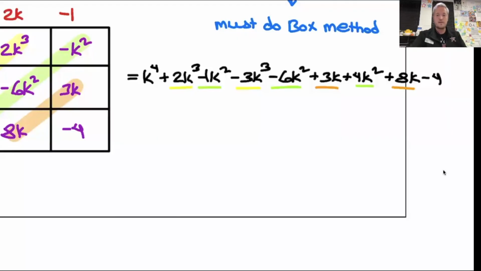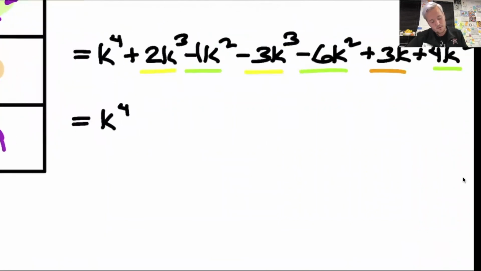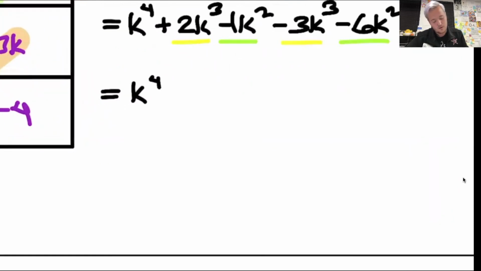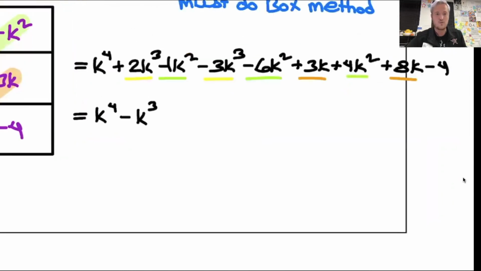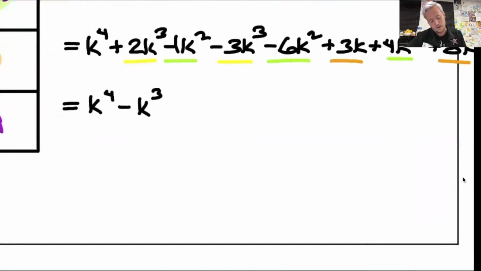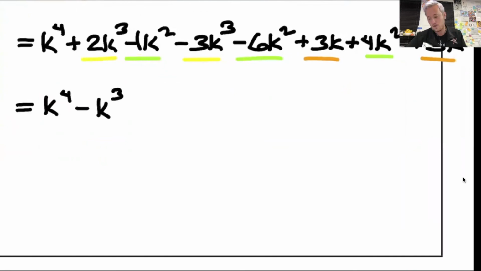So when we combine like terms, we're going to start off with k to the fourth. All right, then when I combine 2k cubed and negative 3k cubed, I get negative 1k cubed. Then I'm going to combine all my k squared values. So I'm going to have a negative 1 minus 6, so negative 7k squared plus 4, so that'd be minus 3k squared.